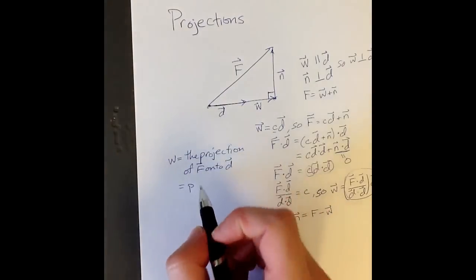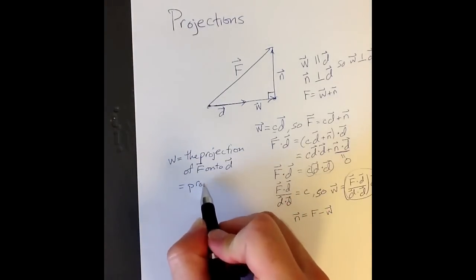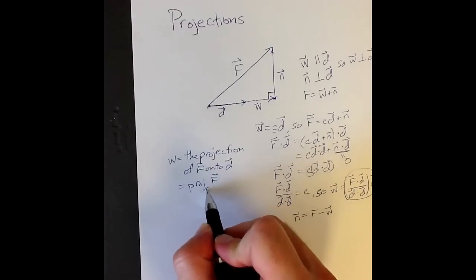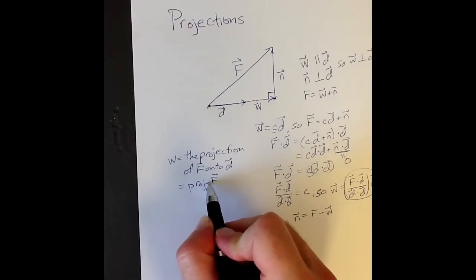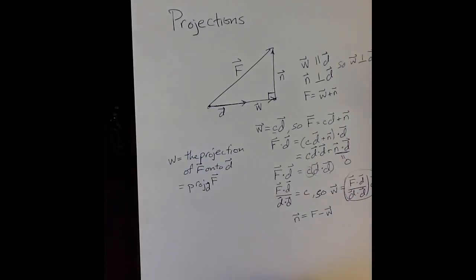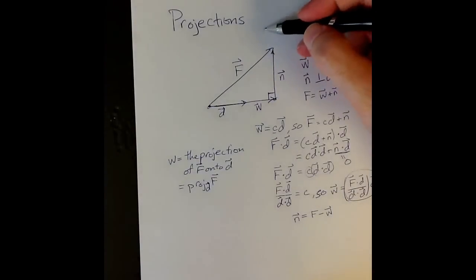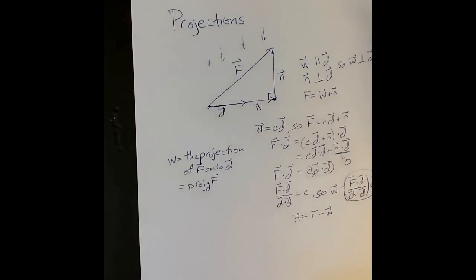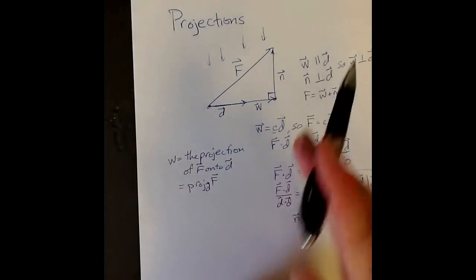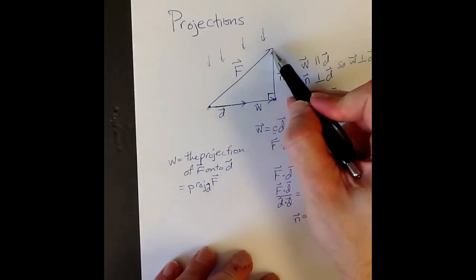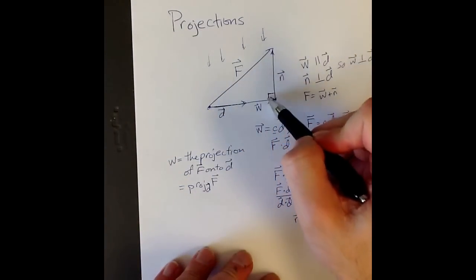The notation we give for that, because we use projections quite a bit, is proj, for projection, of f onto d. We can think about w as, in some sense, the shadow of f onto d. If we have light shining directly down on d, and we had a vector f here, the shadow of f would just be directly below it.